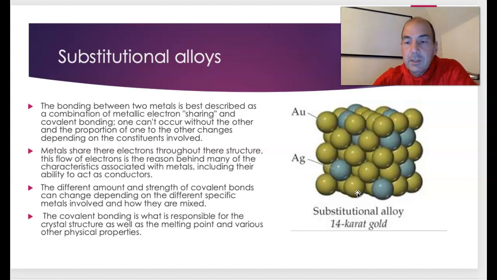This substituting gives us effectively a covalent-like bonding between the different atoms in our alloy. That's all you need to know for this subsection, just understanding what substitutional and interstitial alloys are.